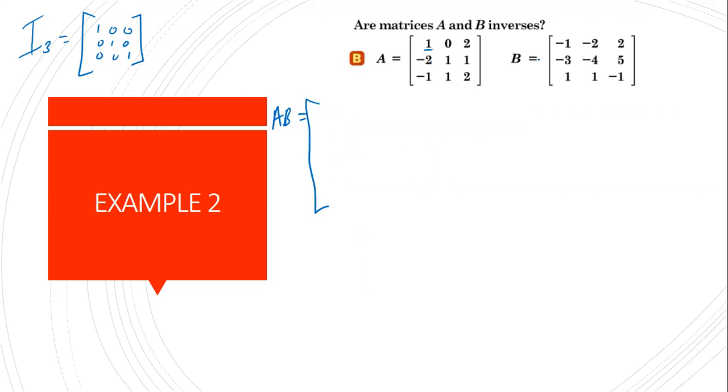So we had 1 times -1 plus 0 times -3 plus 2 times 1.